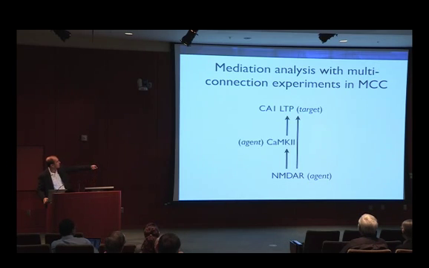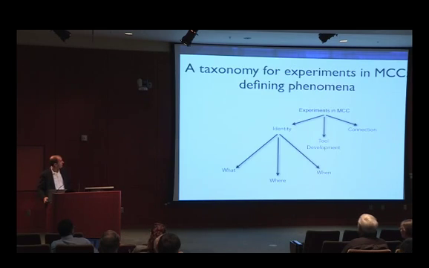And in double connection experiments, you actually have 2 agents, where you manipulate NMDA receptors and chymosine kinase 2, and then you look at CA1-LTP. The idea being to see if chymosine kinase 2 mediates the relationship between NMDA receptor and CA1-LTP. These experiments are very, very common in science, and they are represented in our app and in our taxonomy.